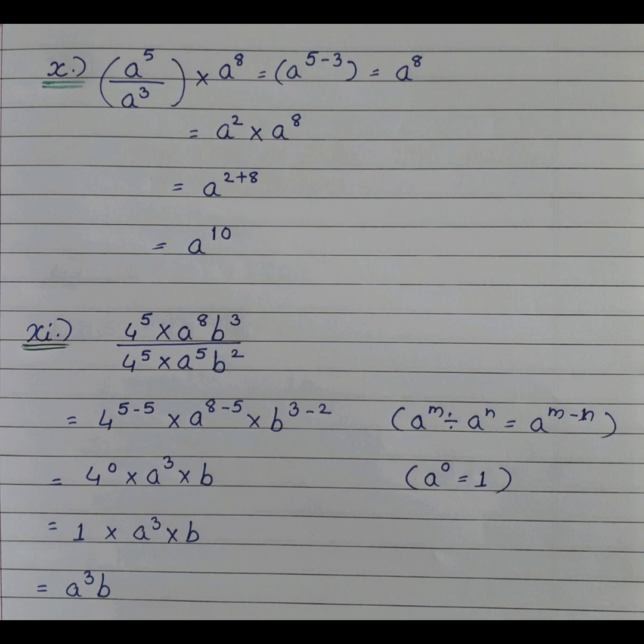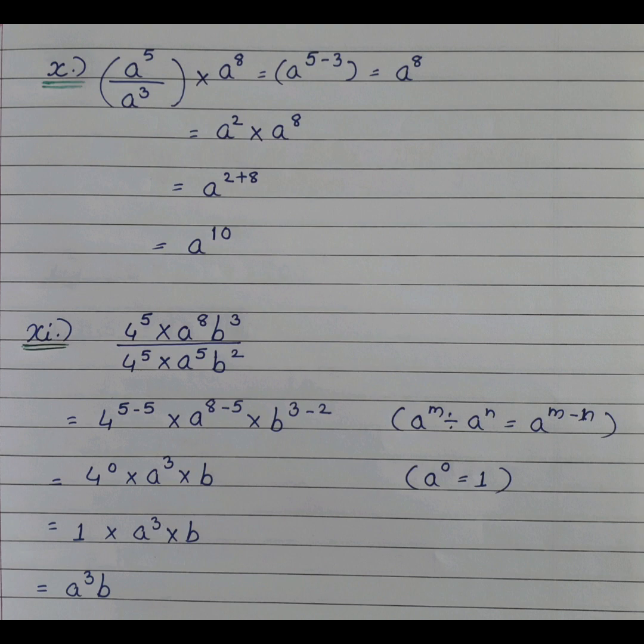Now the 11th part is 4 to the power 5 multiplied by a to the power 8 b cube upon 4 to the power 5 into a to the power 5 b square. Now we can see we have the same bases and there is nothing to simplify. We will straightforwardly apply the rule of division and the powers will be subtracted.